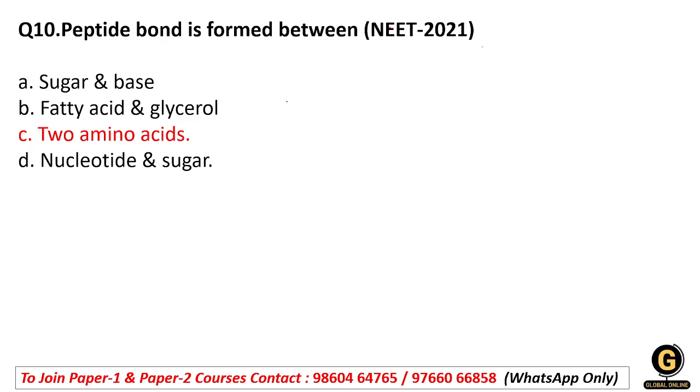Yes students, now we saw these were the monomers of the proteins, so which bond is formed between them? It is a peptide bond, right? So the peptide bond is formed between the two amino acids.